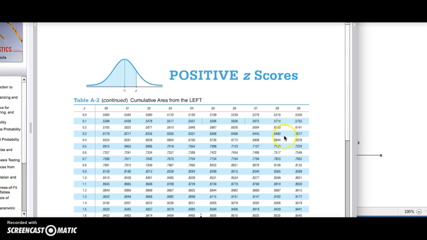So we look for what's closest to 0.65. These two values look like they're close to 0.65 and they're both even. So I'm going to use 0.385, because 0.08 and 0.09 halfway is 0.085. So 0.385 in this example.